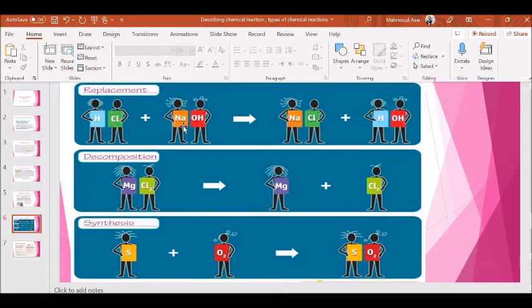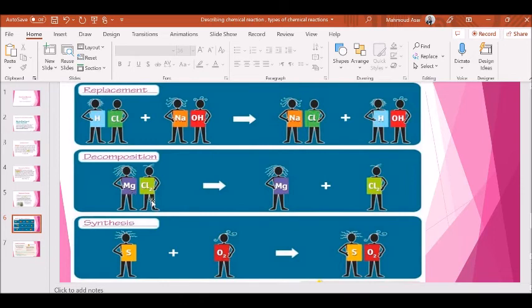As you see, hydrogen replaces sodium and sodium replaces hydrogen. So you can see with me that H replaces Na and Na replaces H. So here we have two elements replacing each other. So this one is called double replacement chemical reaction.